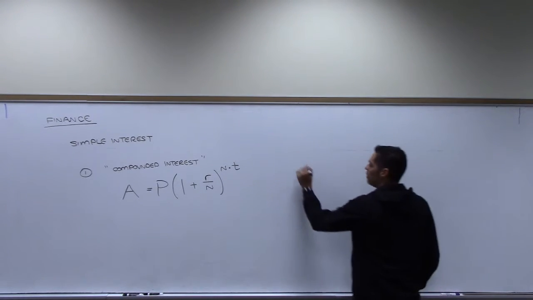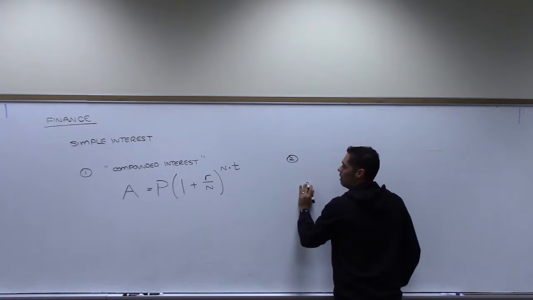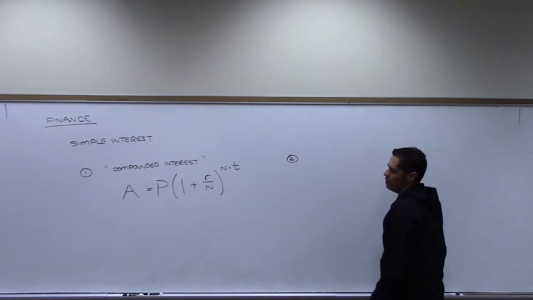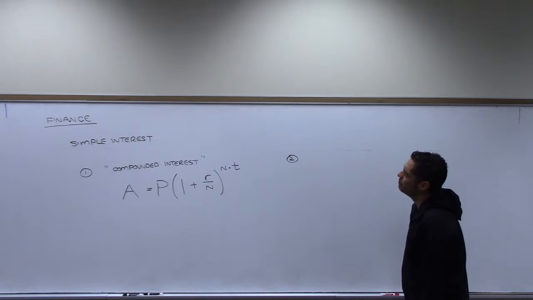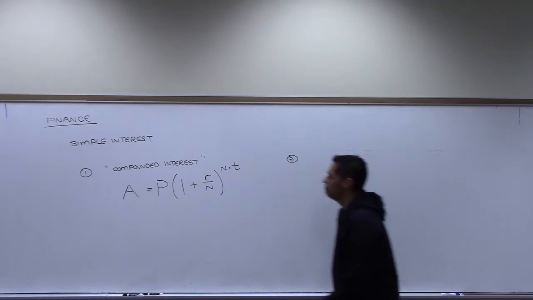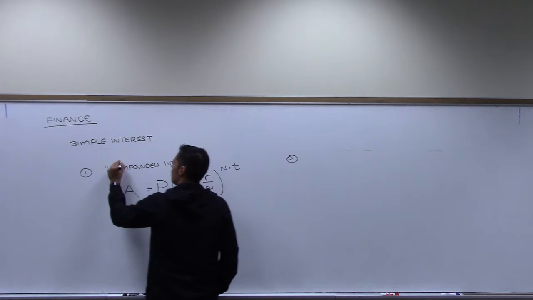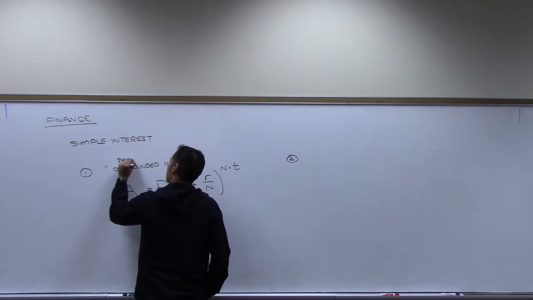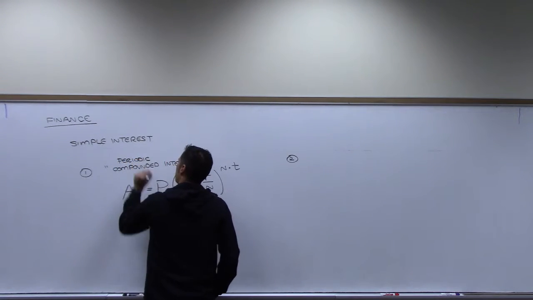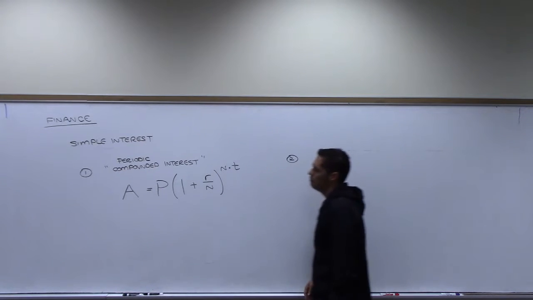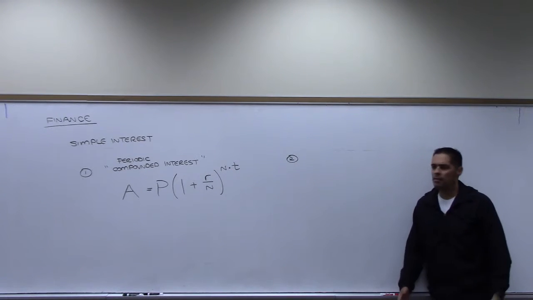The second formula, hold on. I don't know why I put compounded interest there. I meant to say, put periodic. Periodic compounded.